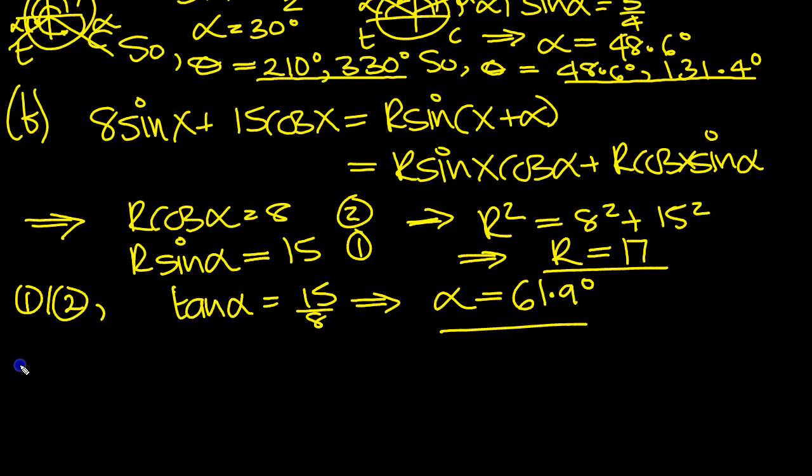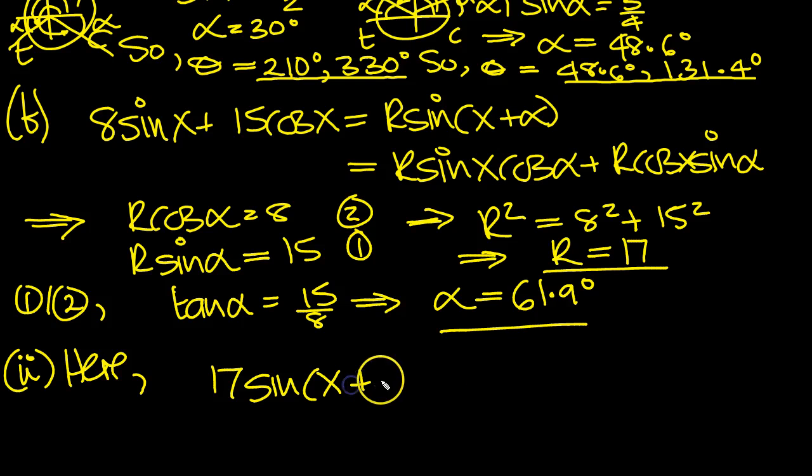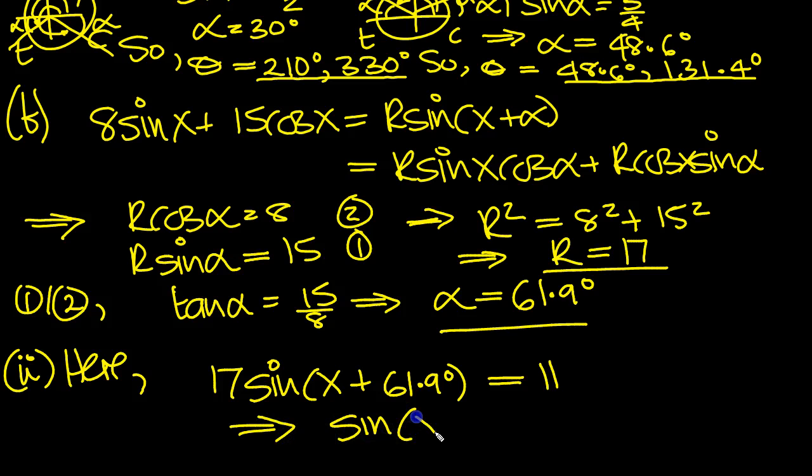So this expression, which is 17 sine (x plus alpha), where we've got 61.9 degrees at the moment because we've rounded it, was equal to 11. That implies sine (x plus 61.9 degrees) is equal to 11 over 17.